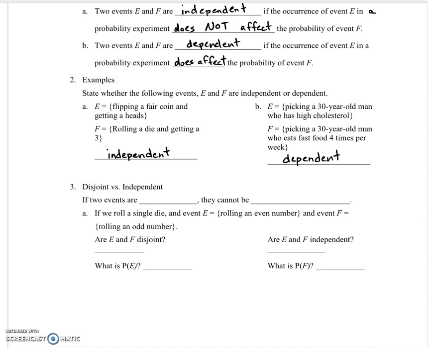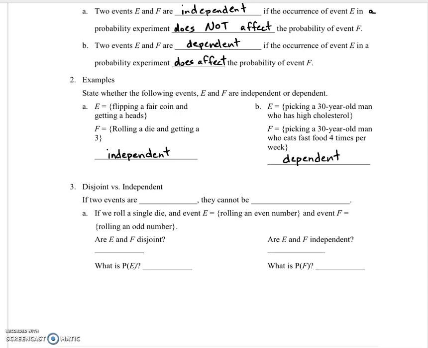Well, the probability that you pick someone randomly out of the population that has high cholesterol is one number. But as we all should know by now, if we eat a lot of fast food, we are more likely to have a higher cholesterol number. So if we pick someone who eats a lot of fast food, that changes the probability that the person also has high cholesterol. So those are dependent.